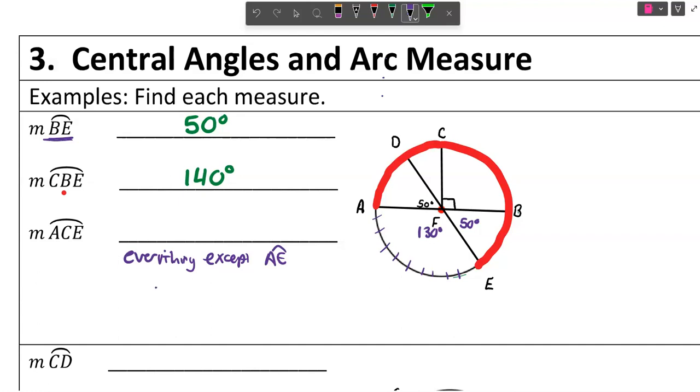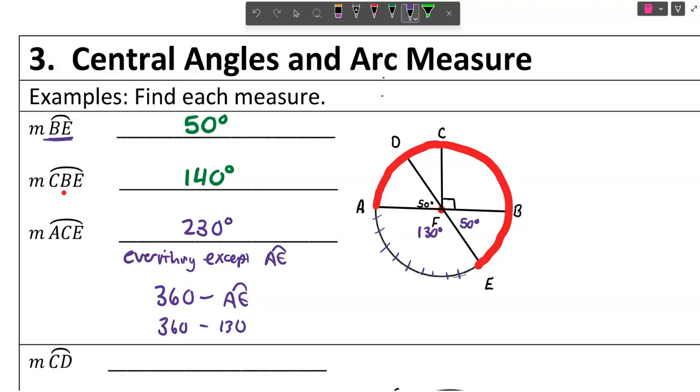So one option is to take 360, which is the entire circle, and subtract arc AE's measure. In other words, we take 360 and subtract 130 from it. 360 minus 130 is 230, I believe. 230 degrees for that last one.